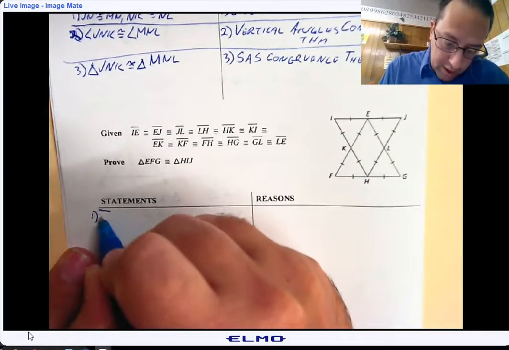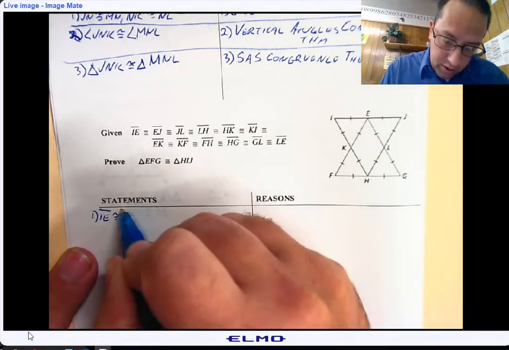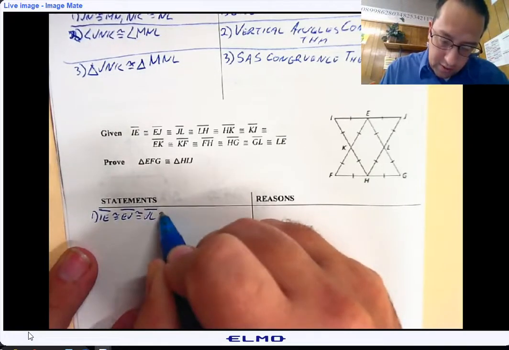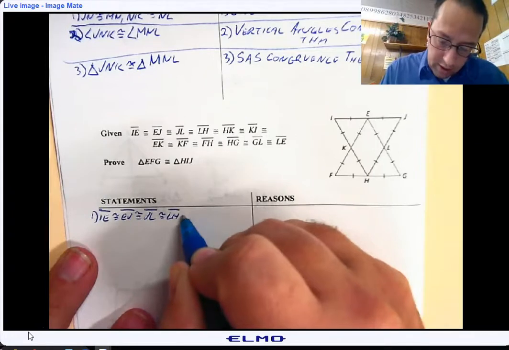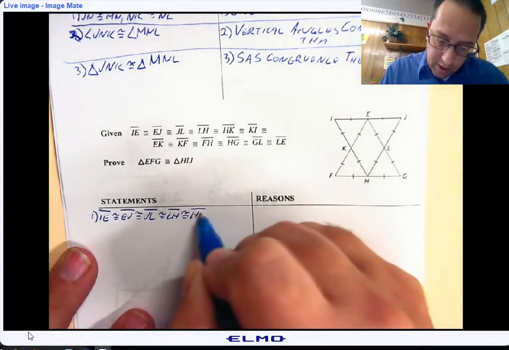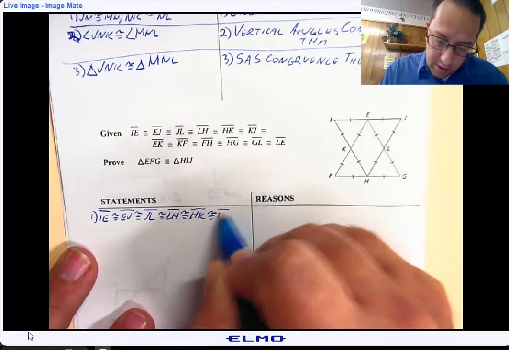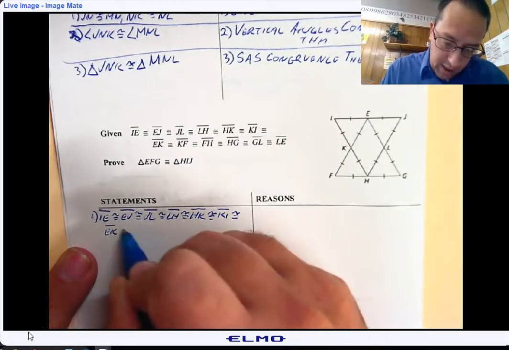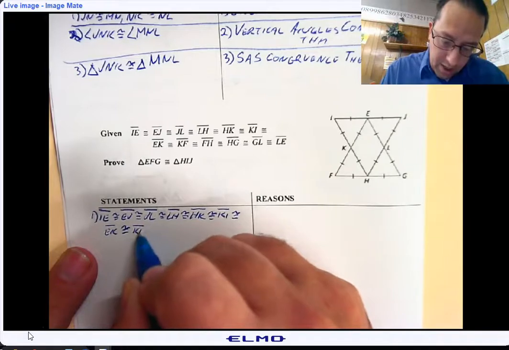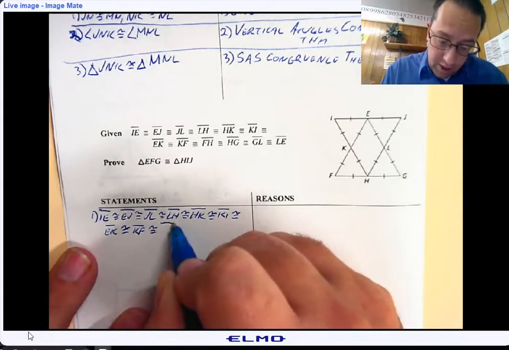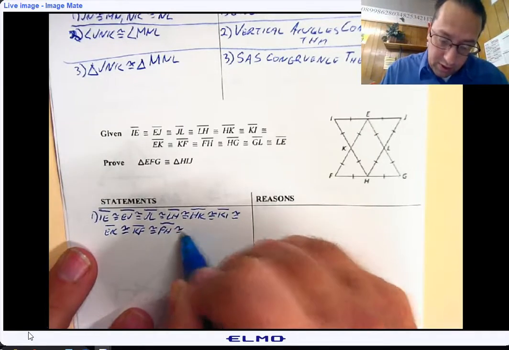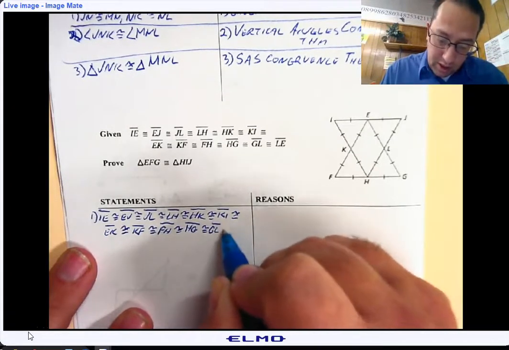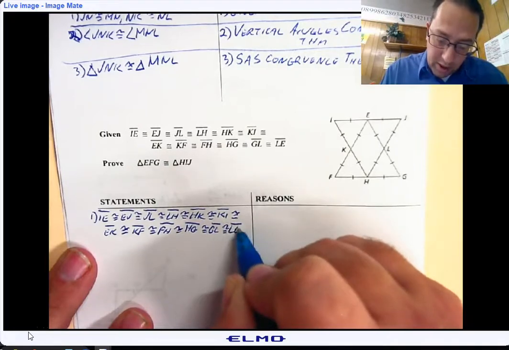Okay, so we have segment IE congruent to segment EJ, congruent to segment JL, congruent to segment LH, congruent to segment HK, congruent to segment KI, congruent to segment EK, congruent to segment KF, which is congruent to segment FH, which is congruent to segment HG, which is congruent to segment GL, which is congruent to segment LE.